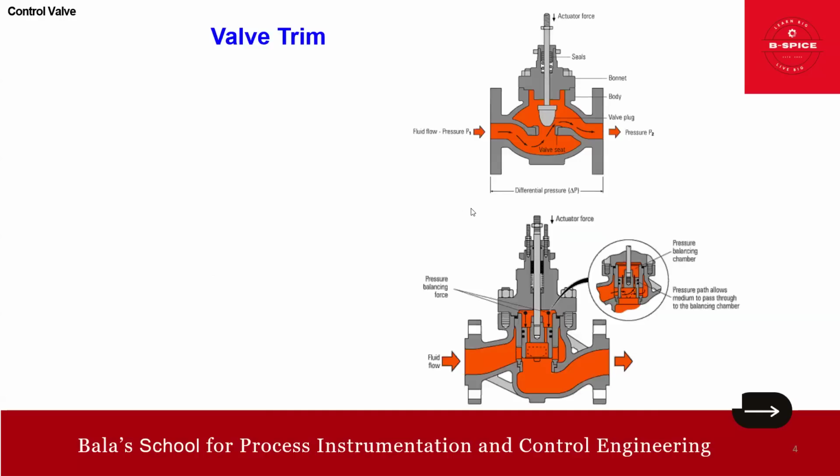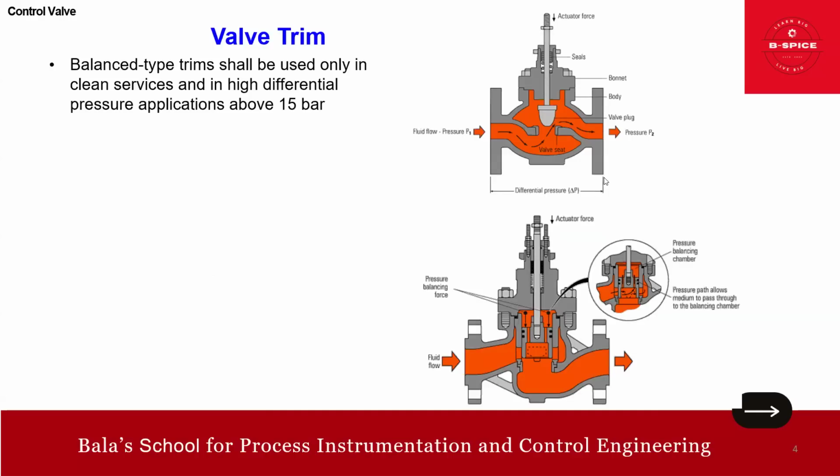Now, coming back here, this is what I was telling you. Balanced type trim shall be used only in clean services. You know why? Because it already has a hole, in high differential pressure application above 15 bar. Okay, you see here, friends, this is the unbalanced, right? Here there is nothing.